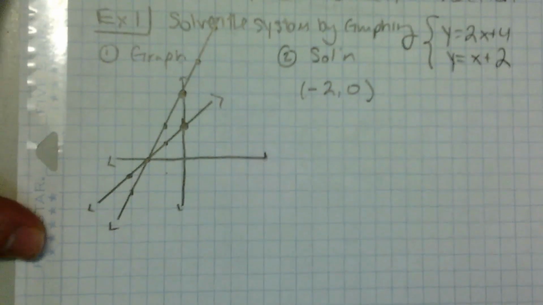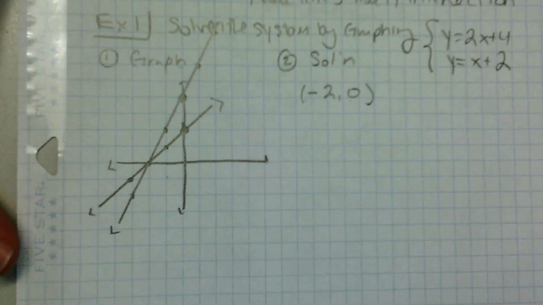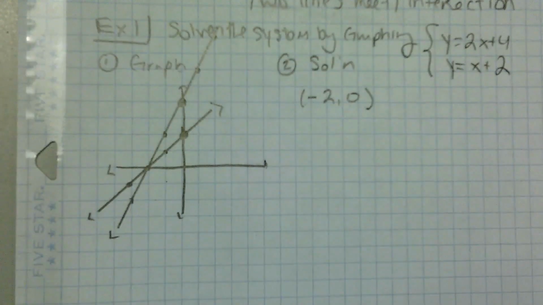It tells us which values work for each equation. In some ways, this is kind of like an and statement, because I'm trying to find the point that will make both of these equations true and equal.